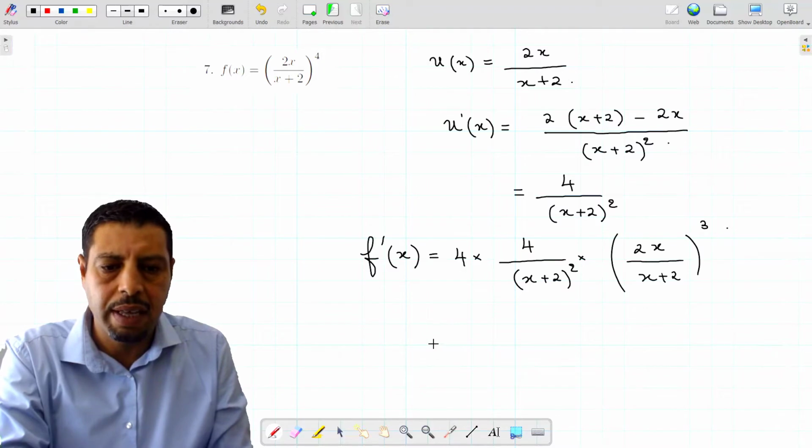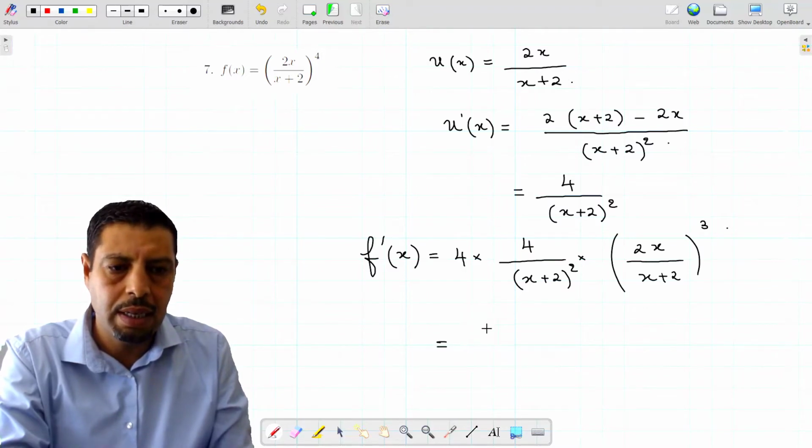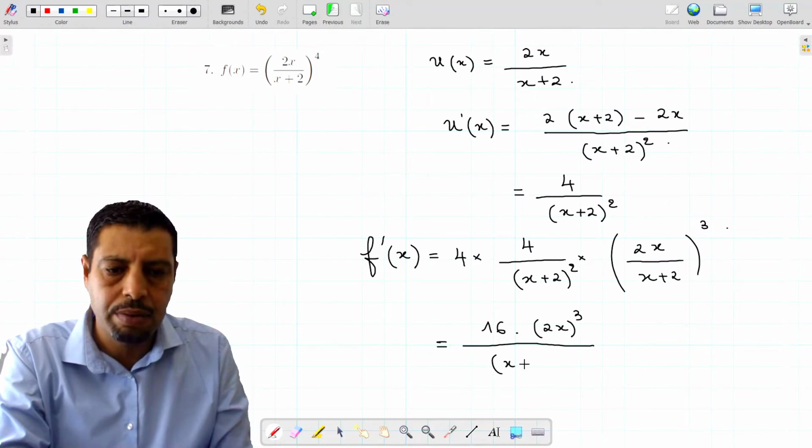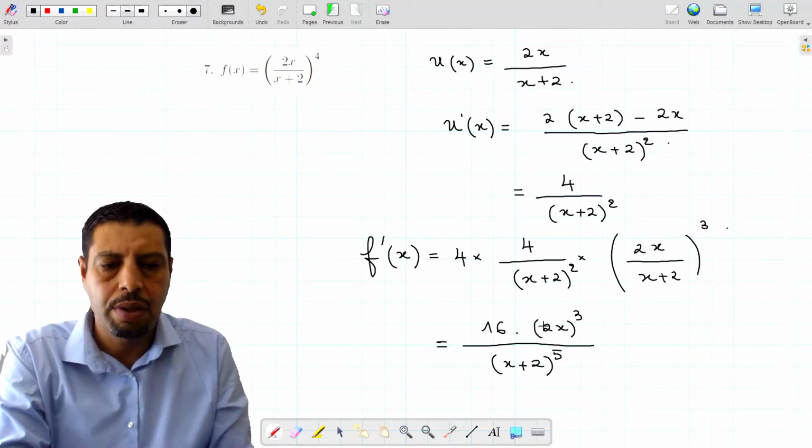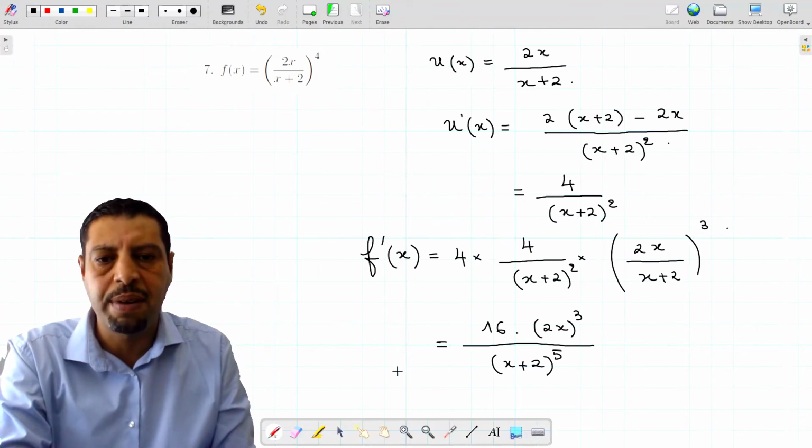Of course, you can simplify this to 16 times (2x) to the power of 3 over, here we have (x plus 2) squared, and here we're going to obtain (x plus 2) cubed, so it's over (x plus 2) to the power of 5. Okay, so this is the simplest form of f prime of x.